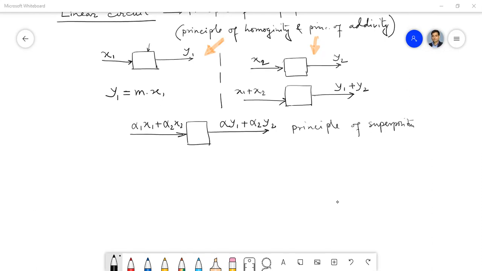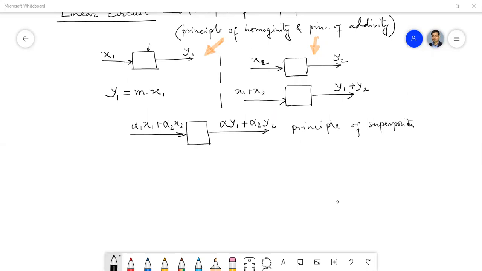So response means both. The response at any point of the circuit can be determined by the addition of the responses from individual sources.